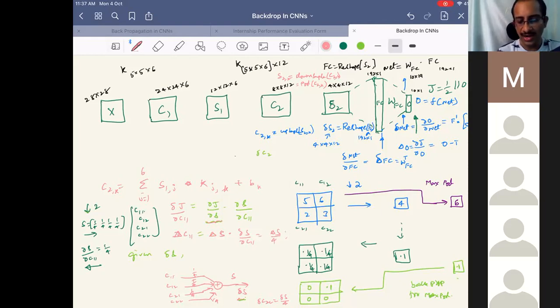So now we assume that we have got delta C2. What we want is delta S1, from here to here. See, forward operation of C and S are related by convolution.